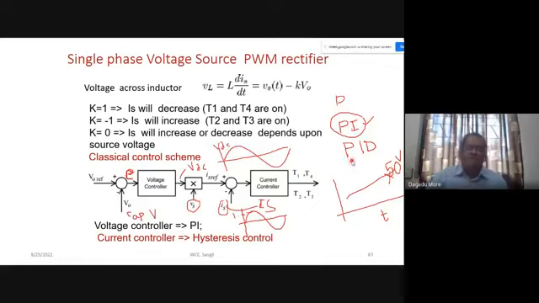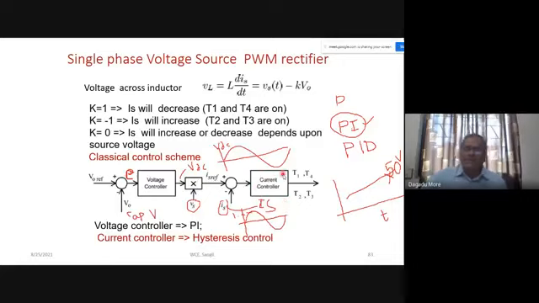Again, we want a switching signal. Instead of that, we have another option for the current controller, and that option is nothing but hysteresis control. If we use hysteresis control, we directly get the switching signal for all four devices.